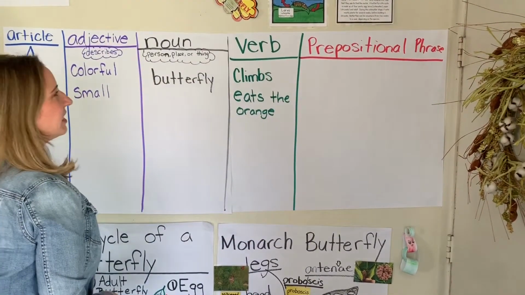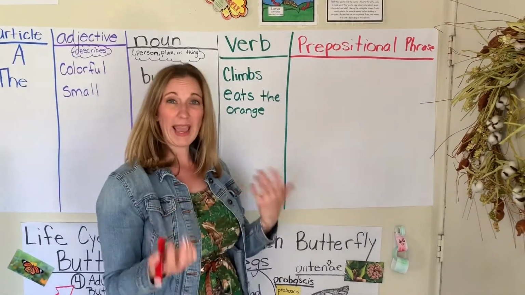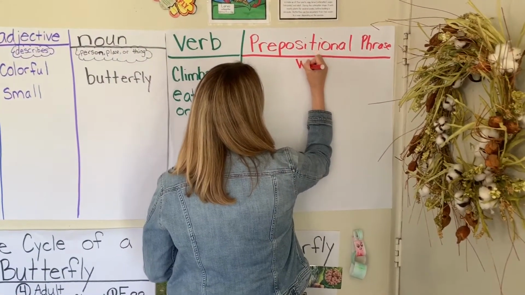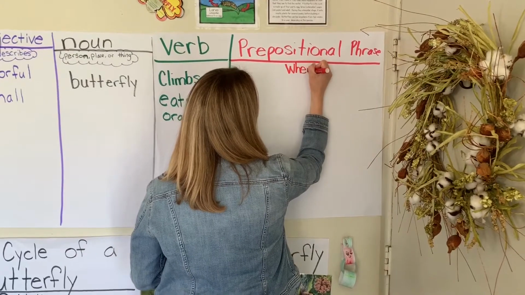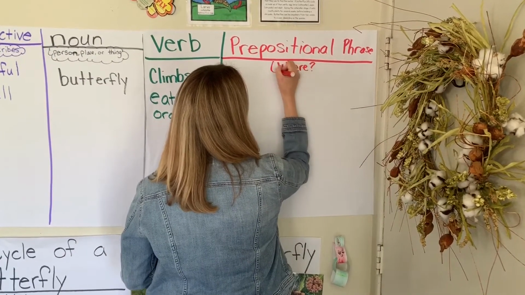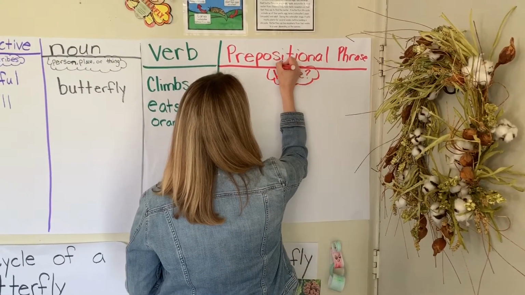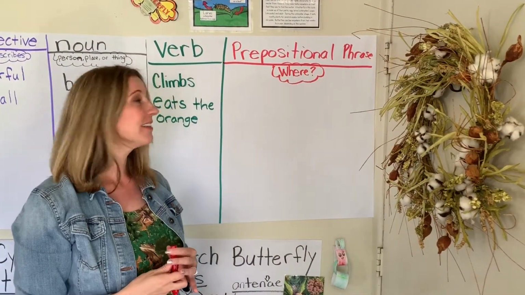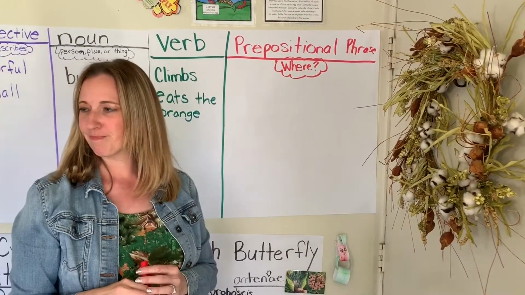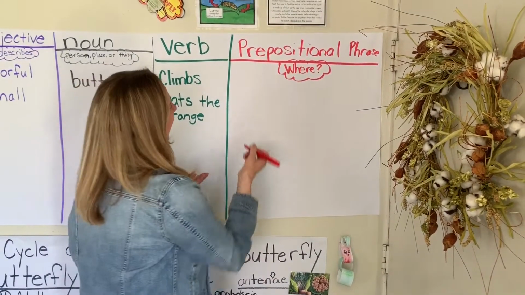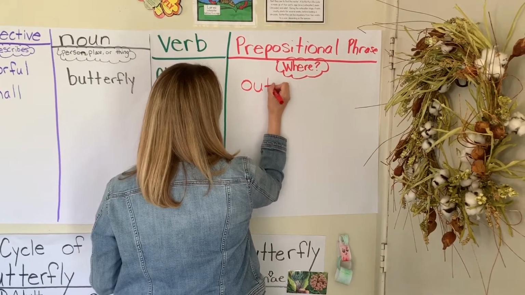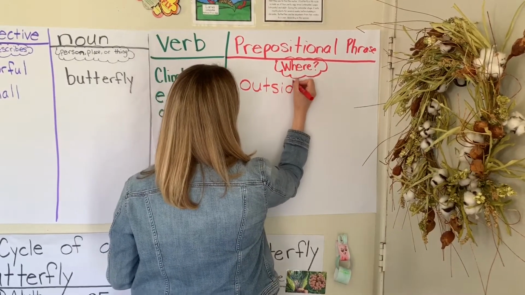And then the prepositional phrase is where. Where is all of this happening? So I'm going to write where with a question mark to remind myself that the prepositional phrase is going to tell us where something is happening. Okay, so, well, I could write outside because a butterfly could be outside.